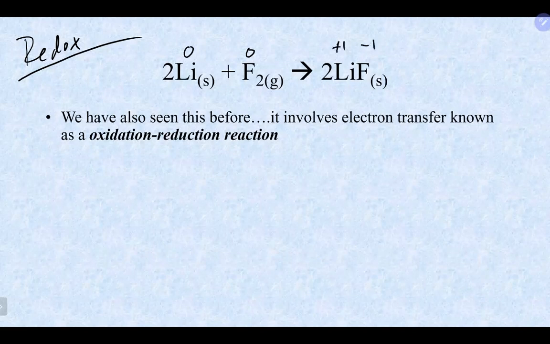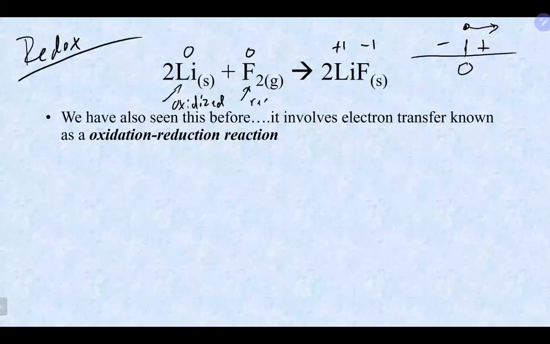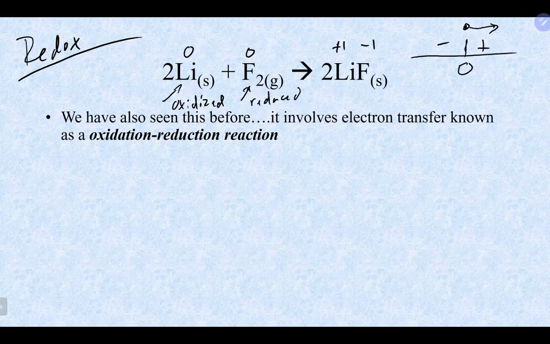So once again here, the lithium started at 0, ends at +1, which means it is being oxidized, and this guy would be reduced in this case. So this is definitely a redox reaction that is taking place.